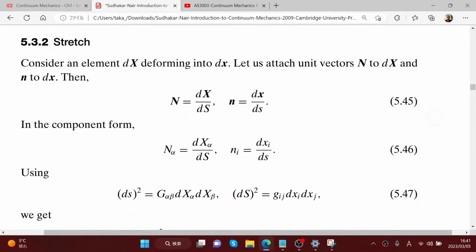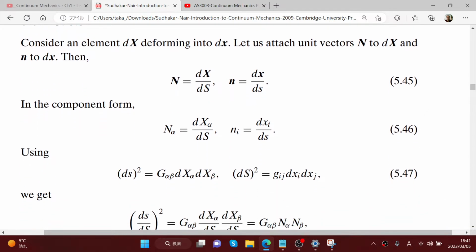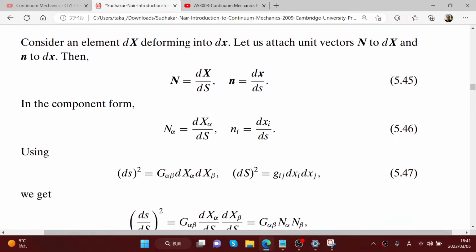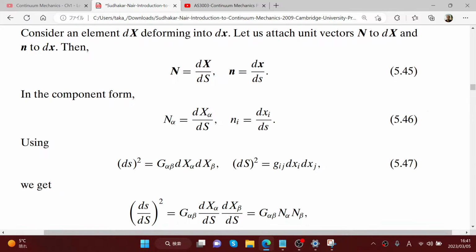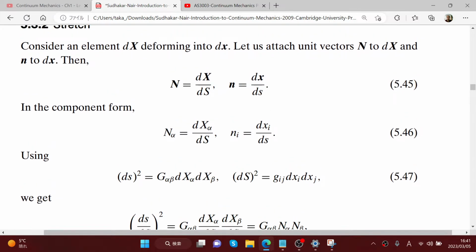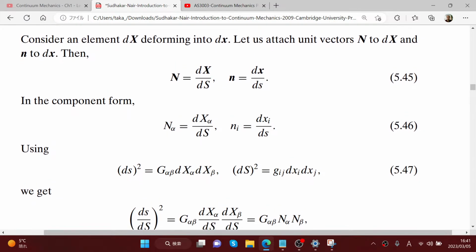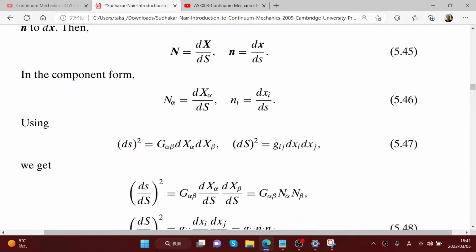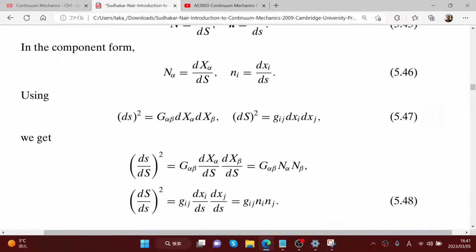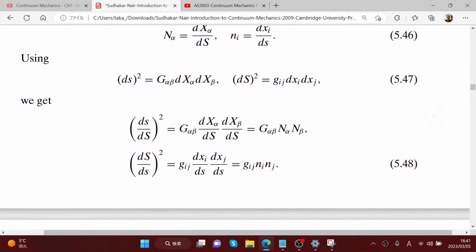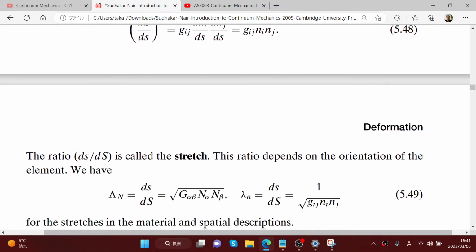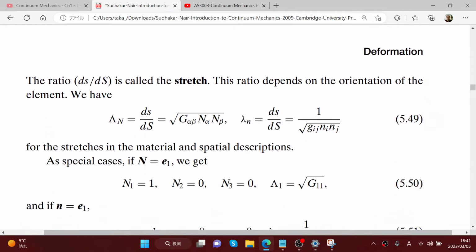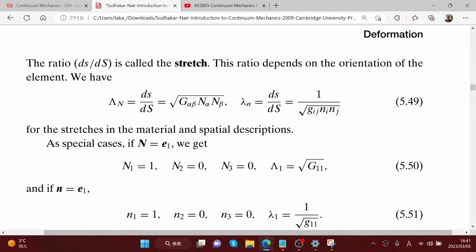Stretch. Consider element dX deforming into dx. Let us attach unit vectors N to dX and n to dx. Then the ratio ds over dS is called stretch.